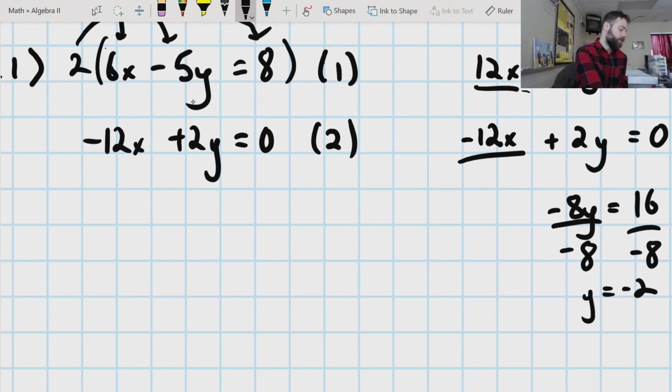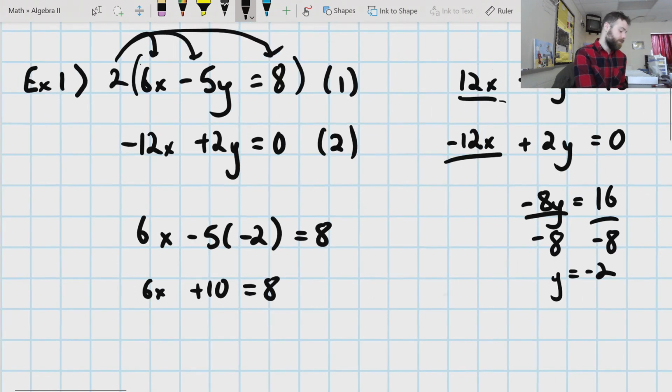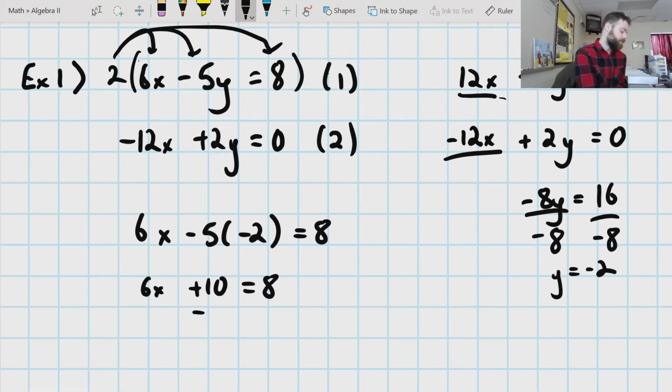So I'm going to do it for the first equation here, 6x minus 5y equals 8. So 6x minus 5 times negative 2 equals 8. I get 6x plus 10 equals 8. And so if I subtract 10 from both sides of this equation, I get 6x equals negative 2.